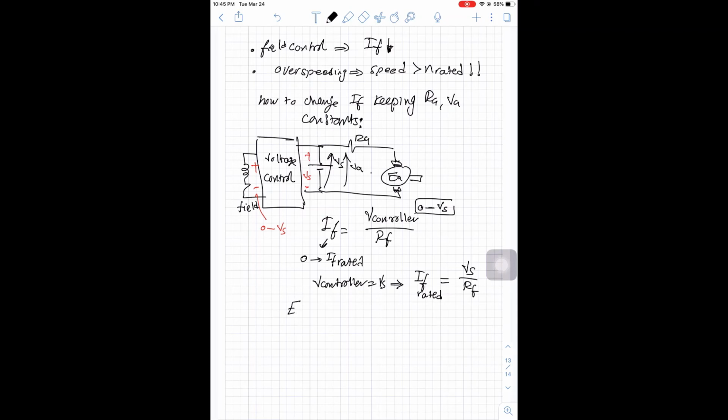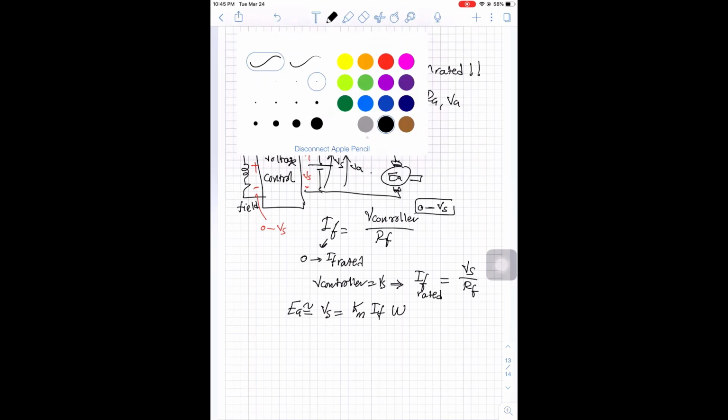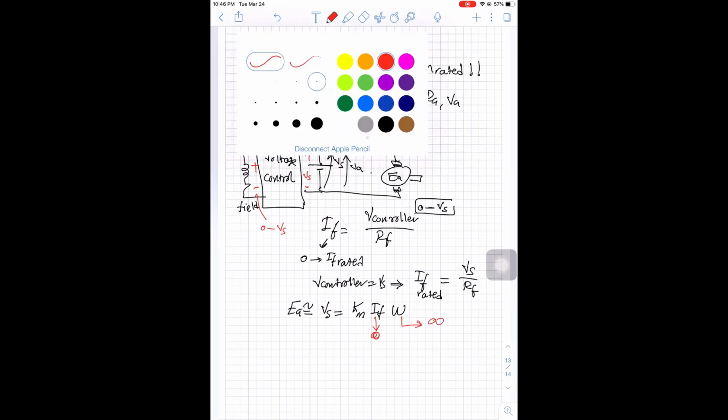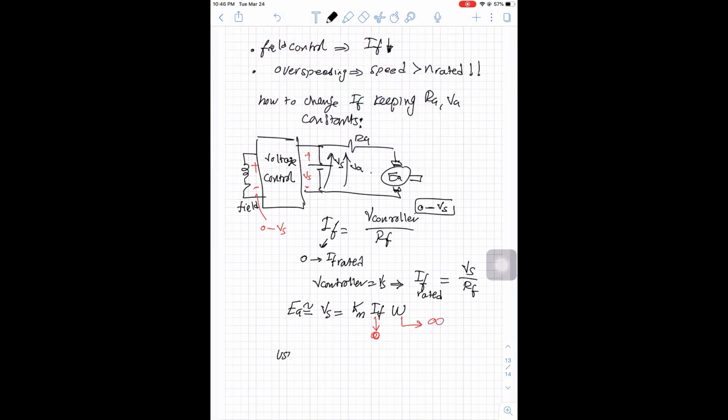Why? Because EA, which is almost V source, equals K motor IF speed. So if IF goes to 0, your speed will go to infinity. So using field control, theoretically, you can go with a speed from N rated up to infinity and beyond. Using field control can give you this flexibility.